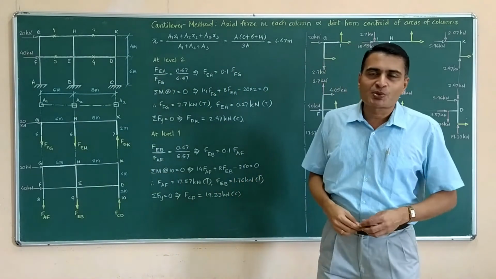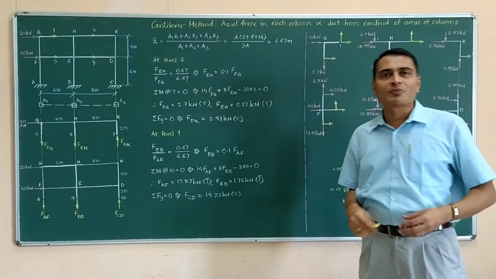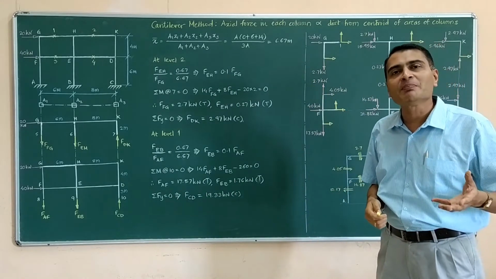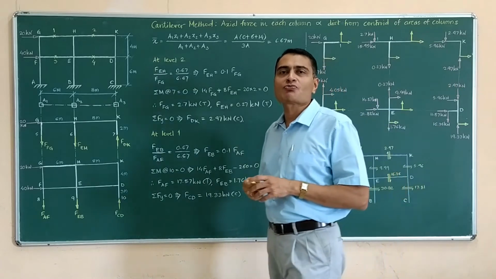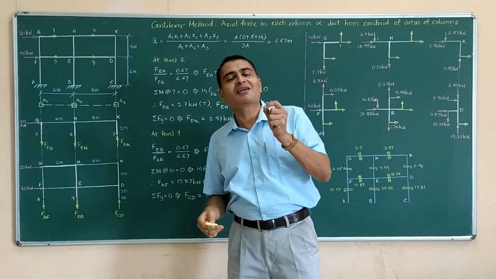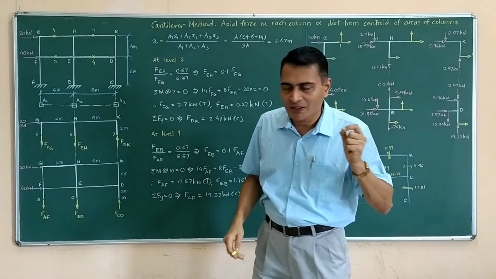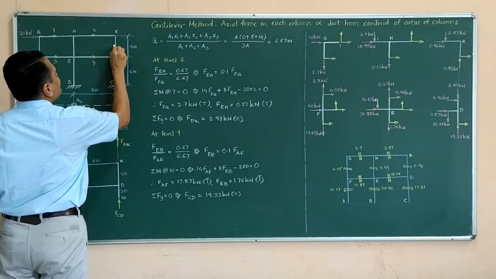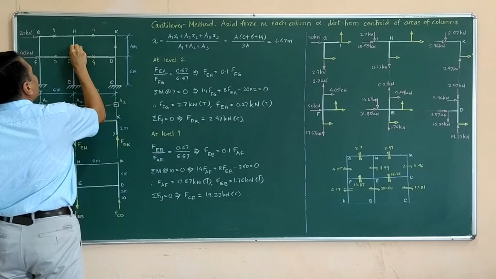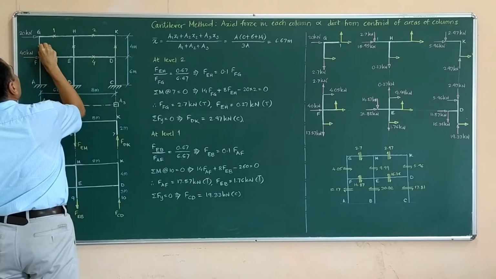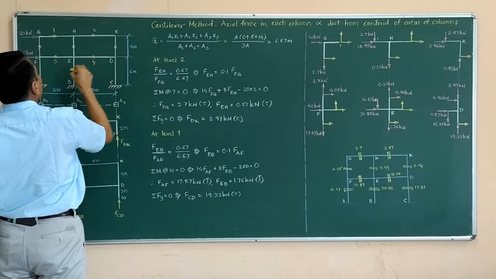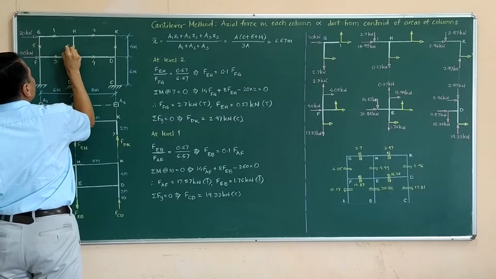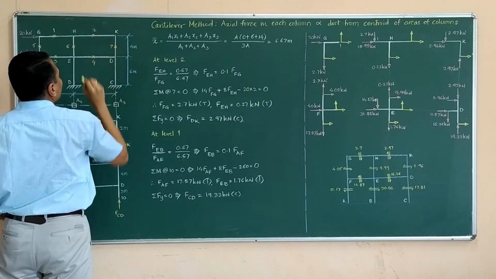What is the second assumption? Again similar to the Portal method, all the columns, all the vertical members, have their points of contraflexure exactly at mid heights. That means if this is 4 meters, exactly at 2 meters from top and bottom we have points of contraflexure, let's say 5, 6 and 7.